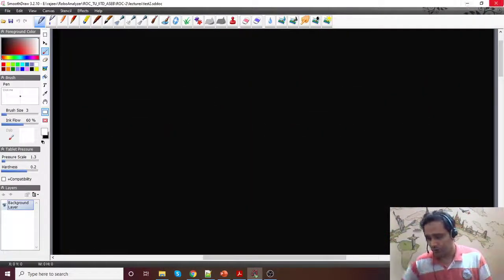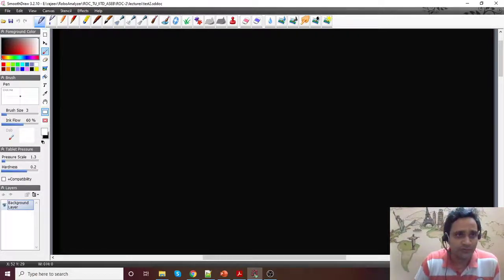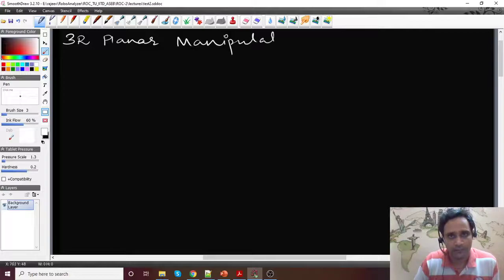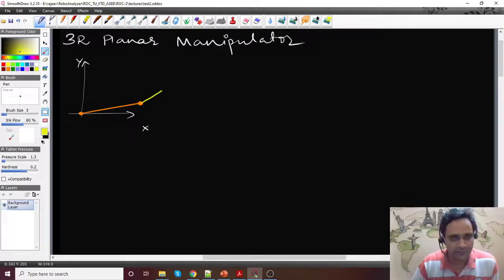Okay, so in the formulation for a 3R planar manipulator, we have already looked at the forward kinematics of the planar manipulator. So what it means is we have a coordinate system, say xy, and we have a robot or a manipulator that looks something like this.